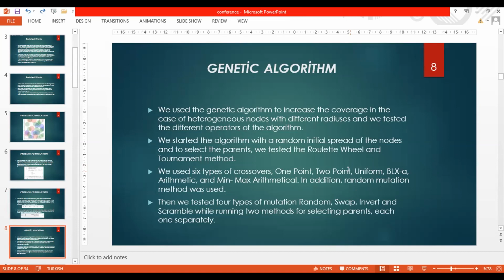We used 6 types of crossover: 1 point, 2 point, uniform, BLX alpha, arithmetic, and min-max arithmetical. In addition, the random mutation method was used. Then we tested 4 types of mutation: random, swap, invert, and scramble, while running the 2 methods of selecting parents, each one separately.